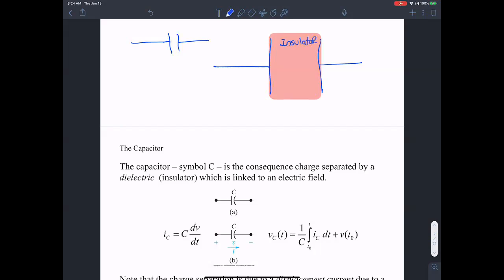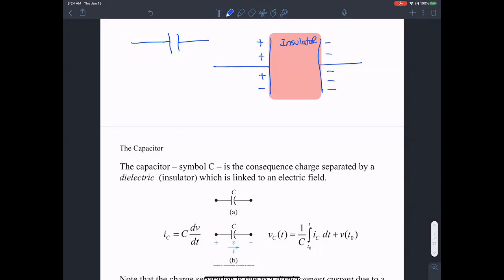Okay, so what happens is if I apply some positive voltage on one side and negative voltage on the other side, there is an electric field. There's no current here. The current flowing through a capacitance is zero, but there is current around the capacitance. That's a slight difference that we'll discuss later.